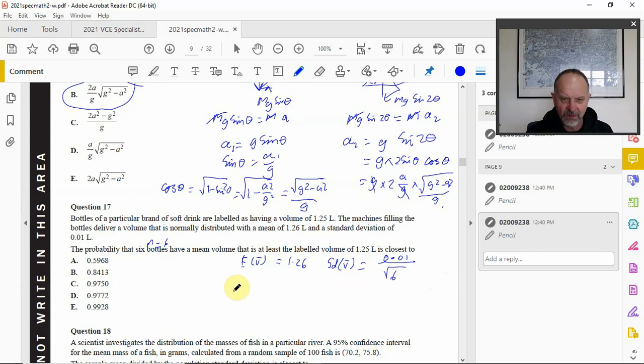All right, and now what we're looking for is the probability of our sample mean volume being greater than or equal to 1.25, oops, 1.25, not 1.6.